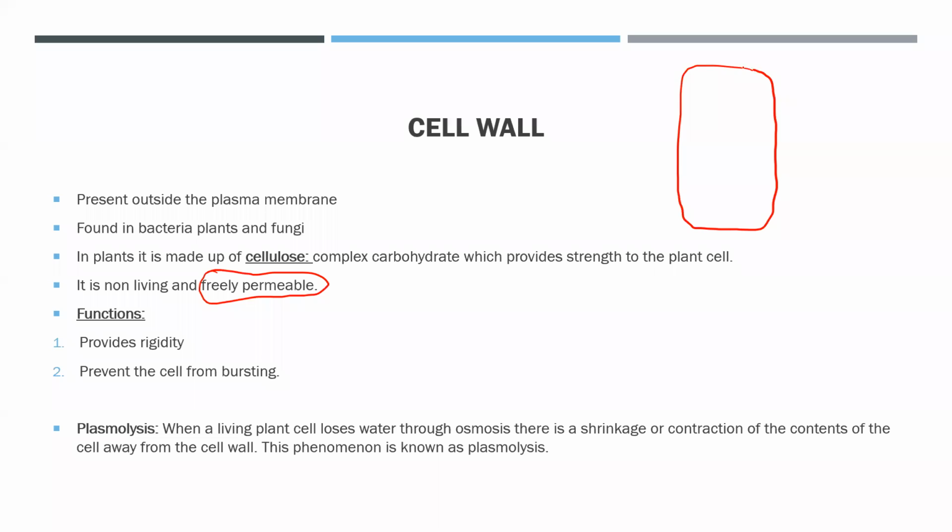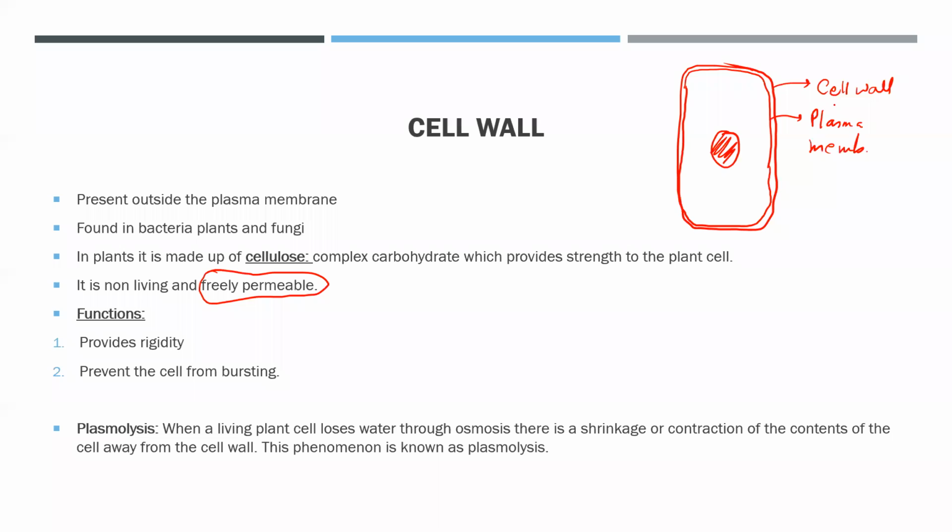So for example, this is the plant cell and this is the nucleus, and there is a plasma membrane here. This is the plasma membrane. So we have a cell wall and we have a plasma membrane.